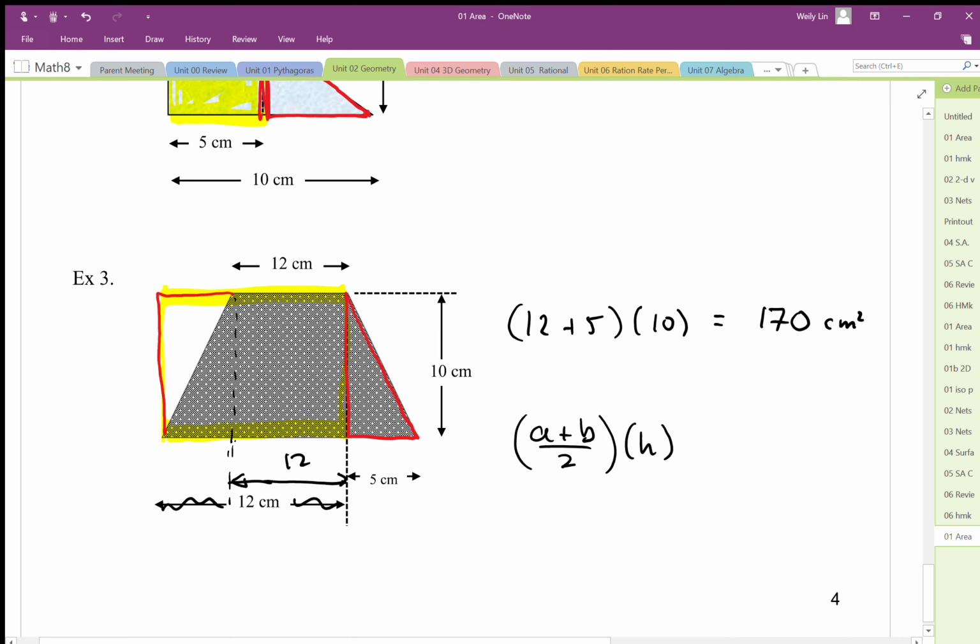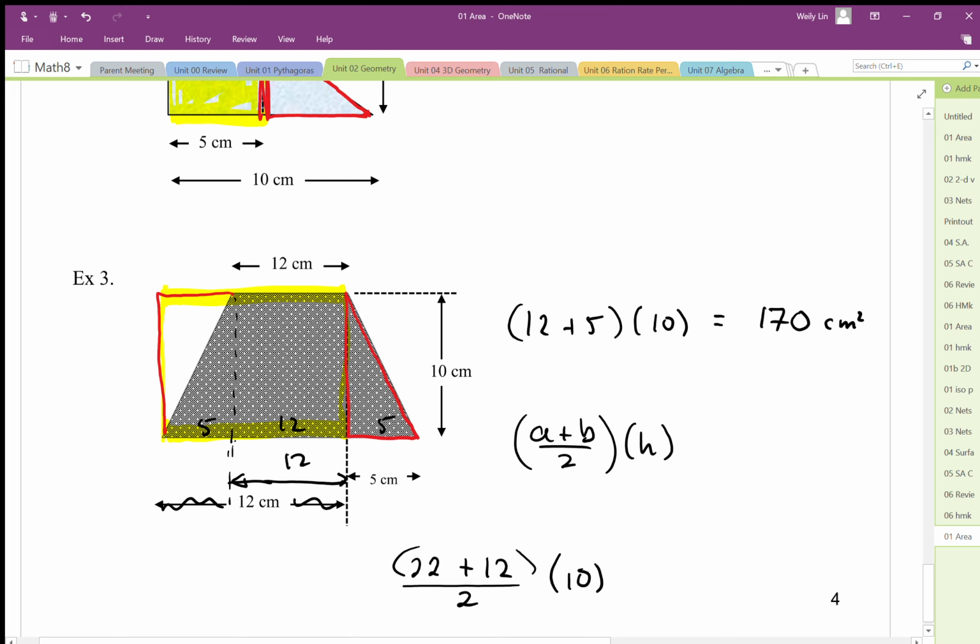So I'm just going to draw it out: 5, 12, 5. The bottom length is 22. The top length is 12. We take that and divide by 2. So 12 plus 22 is 34, divided by 2 is 17, times the height.